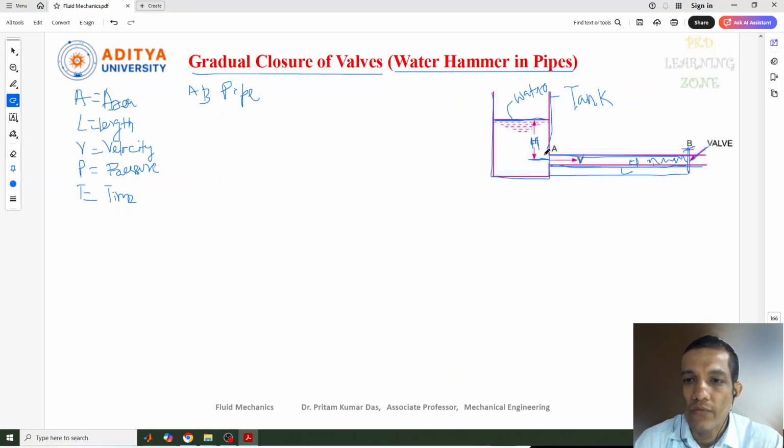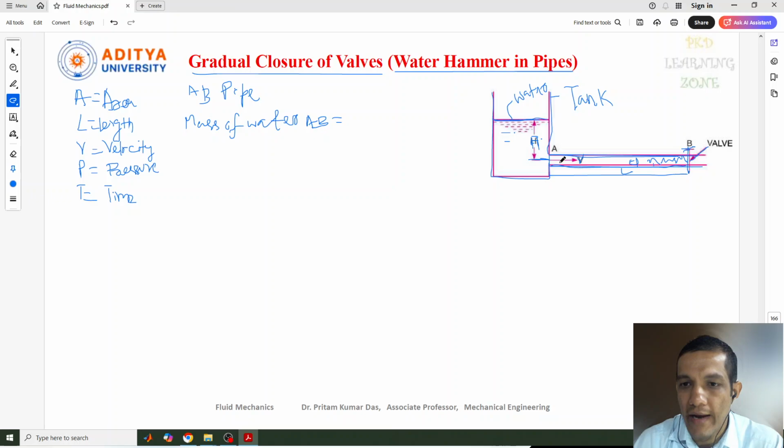These are the terminologies that will be used to identify the pressure head. Now, when the water is flowing from this tank into this pipe, first let us identify the mass of water in the pipe AB. The mass of water in pipe AB equals the density times the volume.